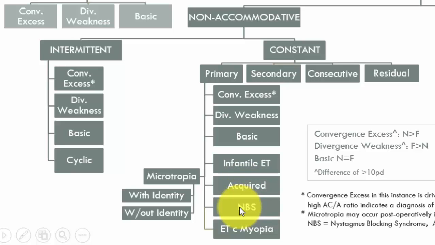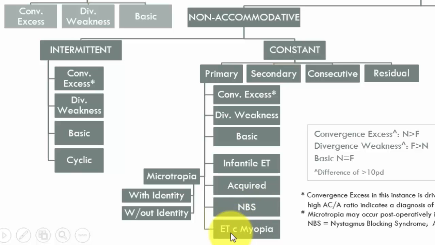We have the nystagmus blocking syndrome. What we have with the nystagmus blocking syndrome is a patient with manifest nystagmus, and this manifest nystagmus is generally blocked either totally or partially by the eye being esotropic, and specifically by an eye being in an adducted position, which is what occurs with esotropia.